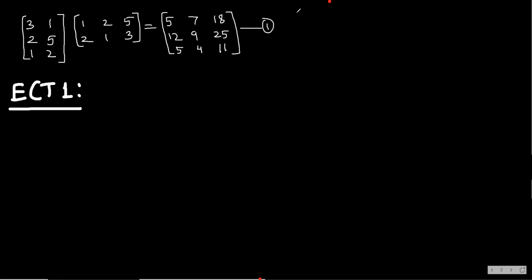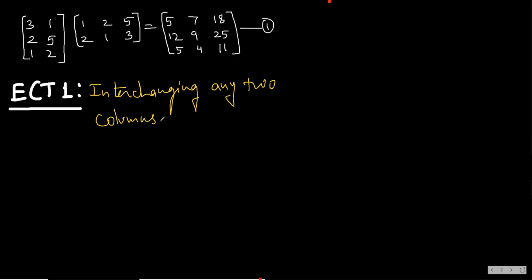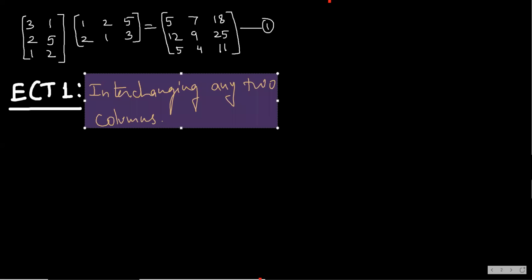ECT1 is interchanging any two columns. Okay, so symbolically, and you know it is to be applied on the post factor matrix, the notation will be, say I write C2 interchange to C3.